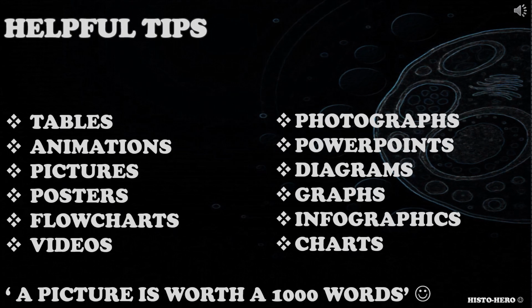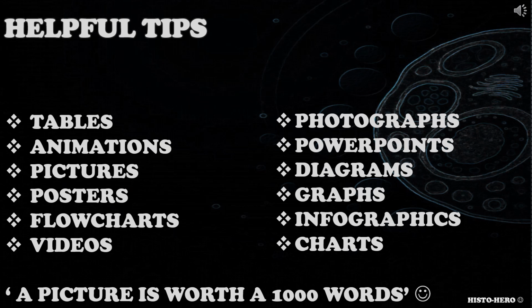I would also like to share with you some helpful tips that can make your portfolio look really good. Try to present the information in various formats such as tables, pictures, photographs, diagrams, flowcharts, graphs or even videos, if you can. This nicely breaks down a lot of text that is usually present in specialist portfolios.